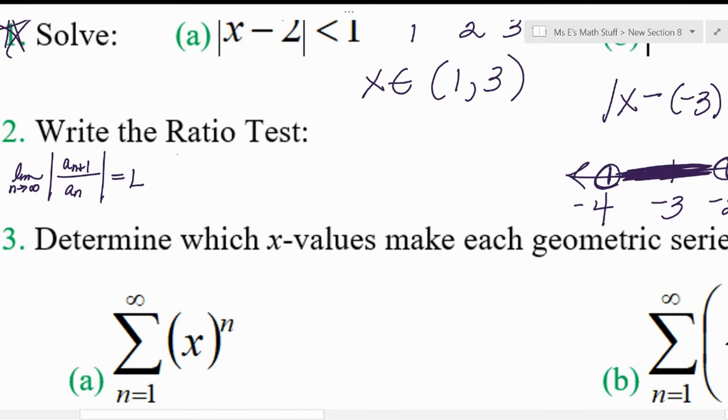So if L is less than 1, if this value right there is less than 1, then the sum of all the a sub n's converges absolutely.